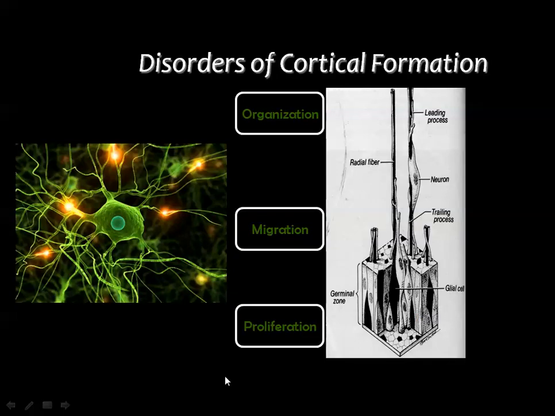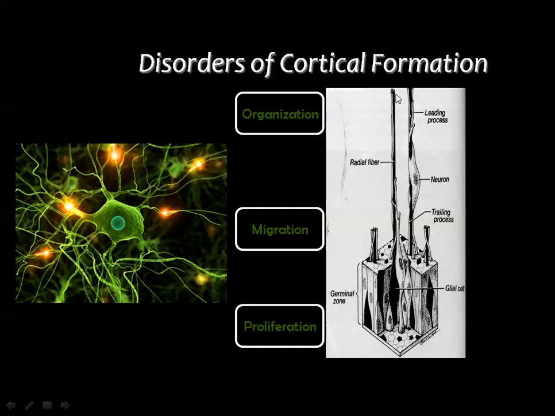Then we have three stages of the cortical formation. The first is the stage of proliferation, where the subependymal cells proliferate and divide to produce so many cells that will migrate on the radial fibers. And this is the stage of migration to reach the cerebral cortex.